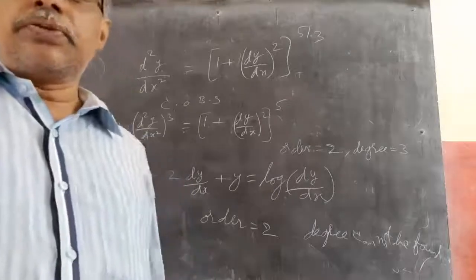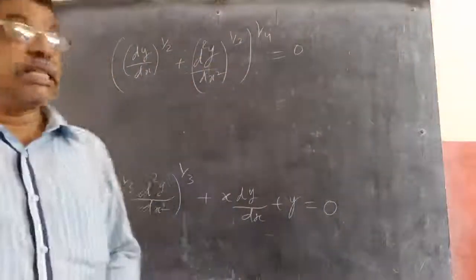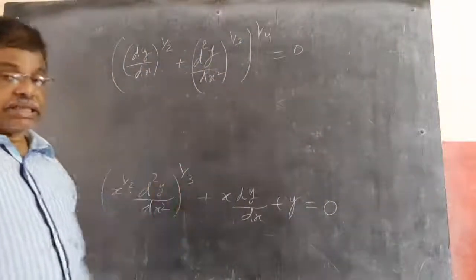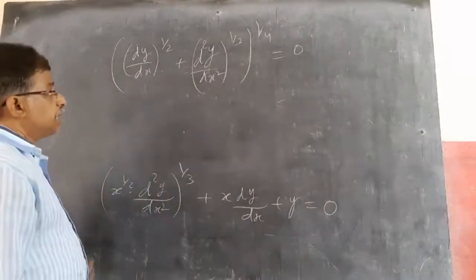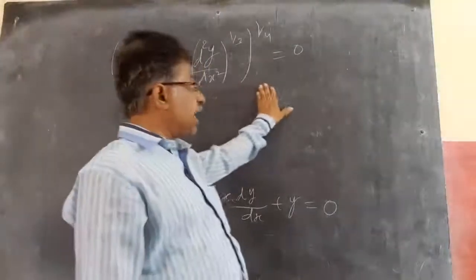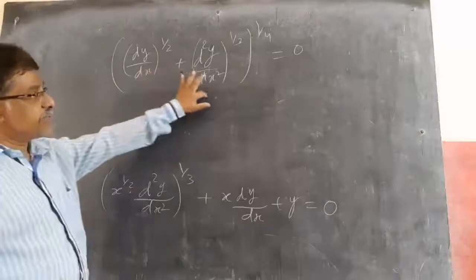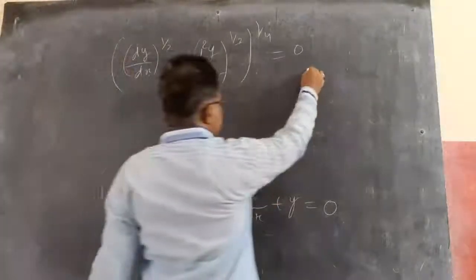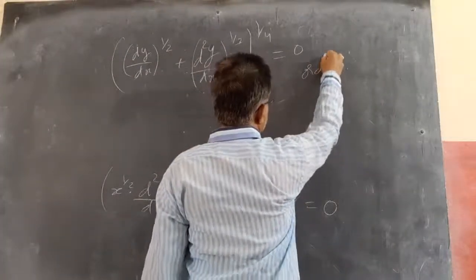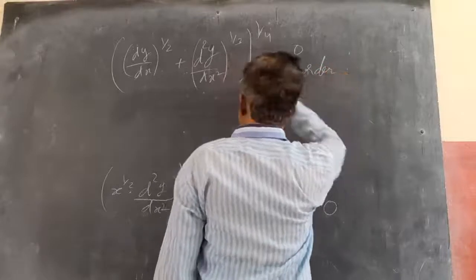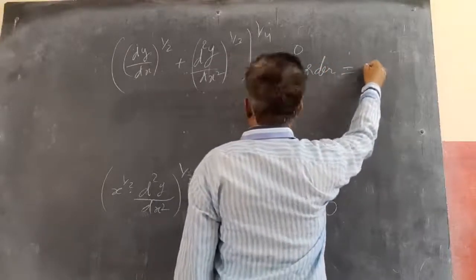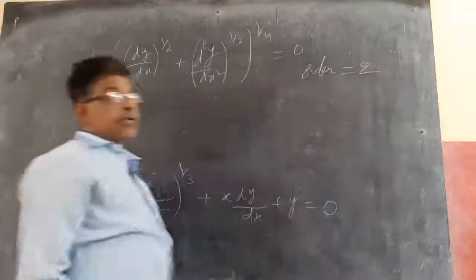Some more examples we will discuss. Find the order and degree of these equations. How do you find? Same. The order is directly the highest derivative, which is 2. So the order of the differential equation, without doing anything, just by seeing it you can say the order is 2. But what about degree?